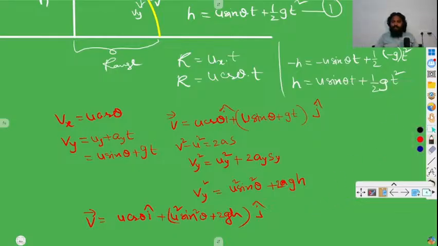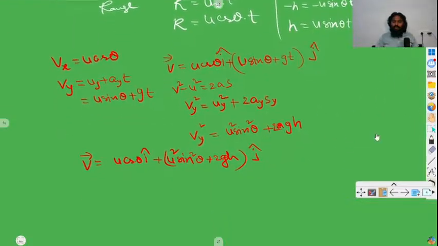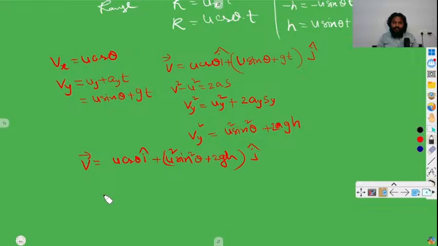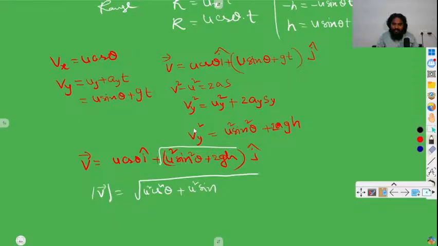If you want the magnitude, the magnitude of the velocity is root of u square cos square theta plus u square sin square theta plus 2gh.